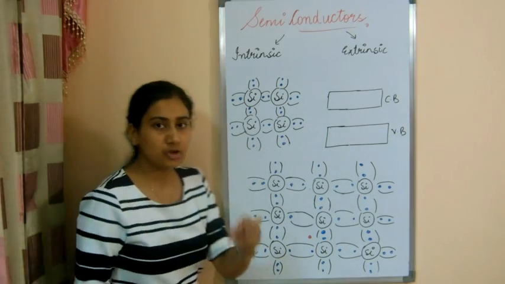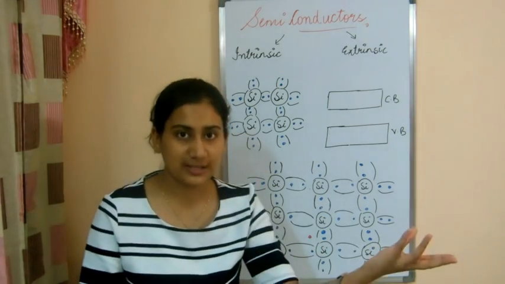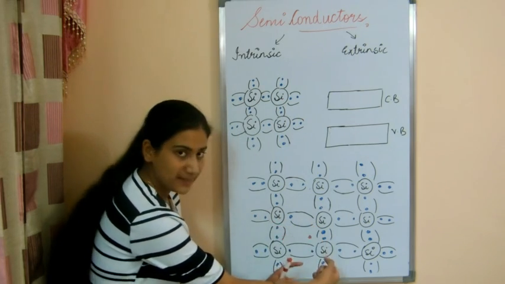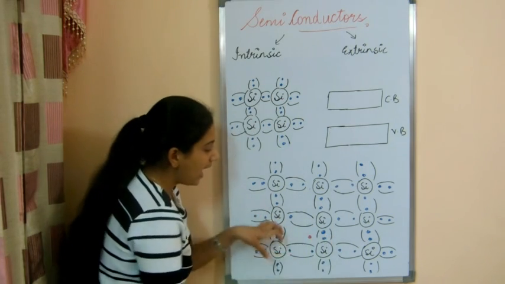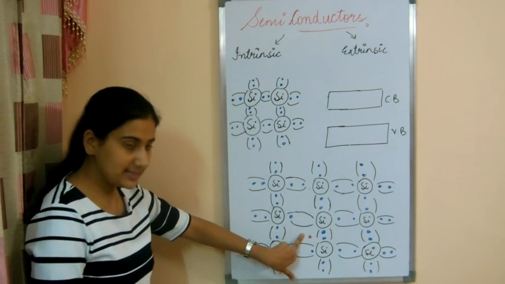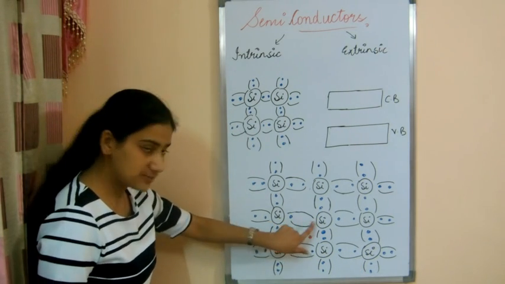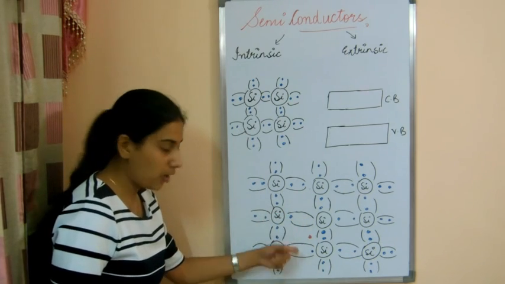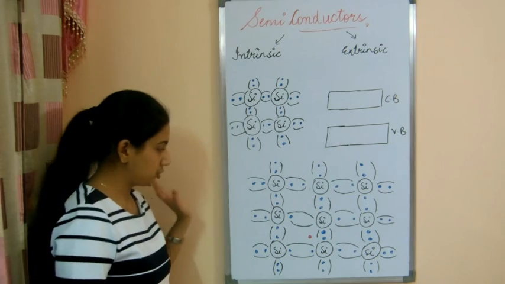So practically the electron has not moved out of the crystal. It has just moved away from its place. It has just broken its bond and has a random motion in the crystal now. As we can see here, the electron of this bond has shifted from its place, has broken its bond and has a random motion now.